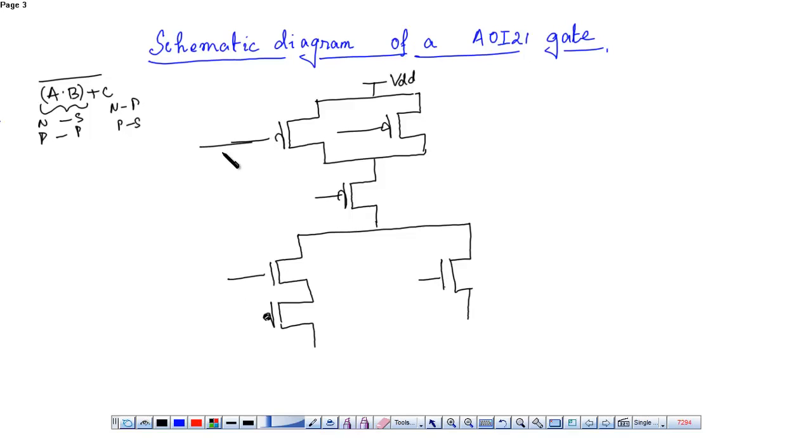This is the input A. The input C is connected over here. This is connected to ground. And the final output is taken. I think the better diagram would be somewhat like this.